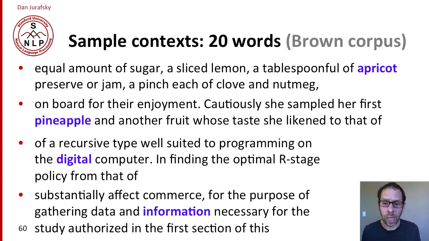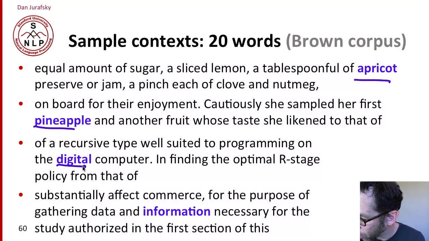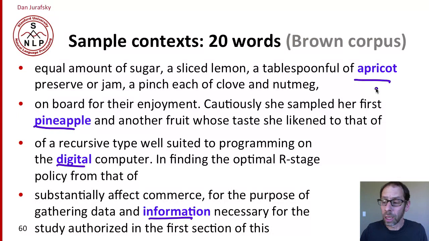Here's a sample example I've grabbed from the Brown corpus. So here's some words: the word apricot, the word pineapple, the word digital, and the word information. And I've shown you for each of them just one set of context: 10 words before apricot, 10 words after apricot, from one of the uses of apricot in one document in the corpus. And here's 10 words before and after pineapple, and so on.